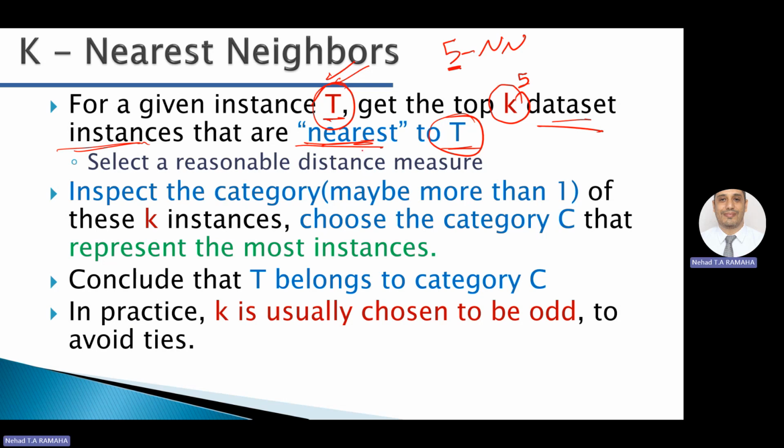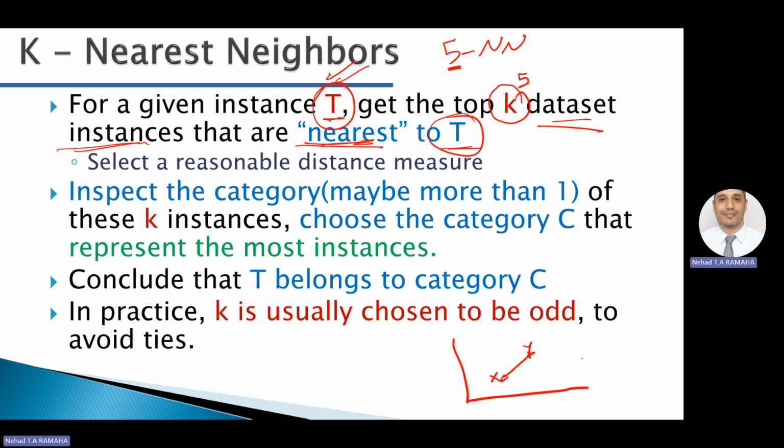Okay, how to calculate the nearest distance? As I told you, it's a distance. We have the Euclidean distance to calculate the distance between 2 points, point X and point Y, and how much the distance is.